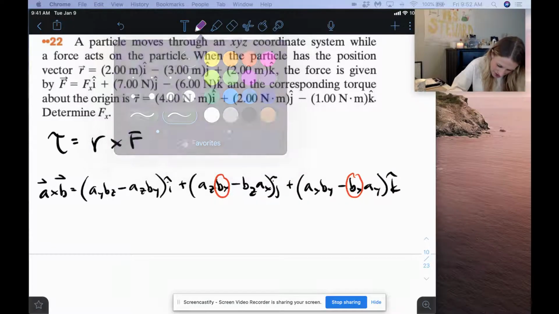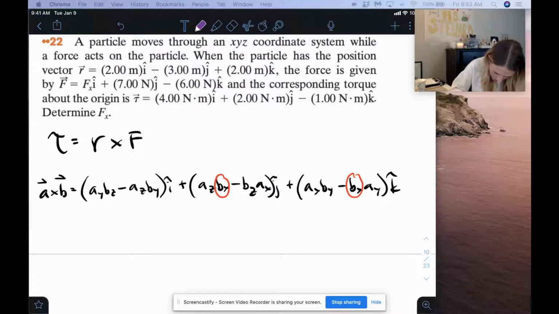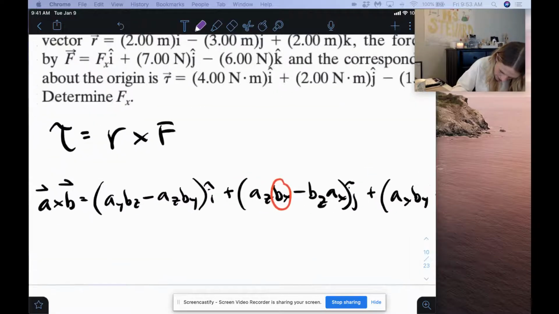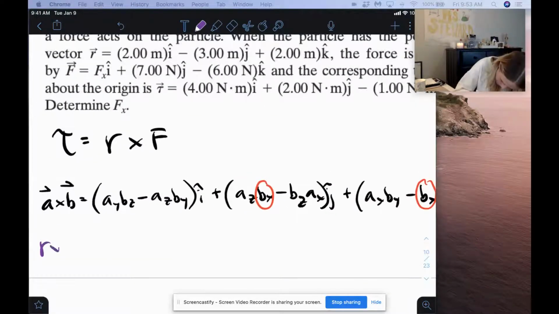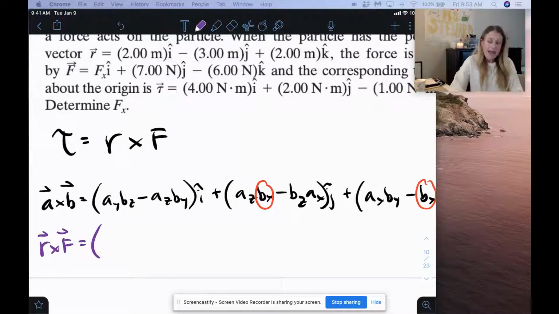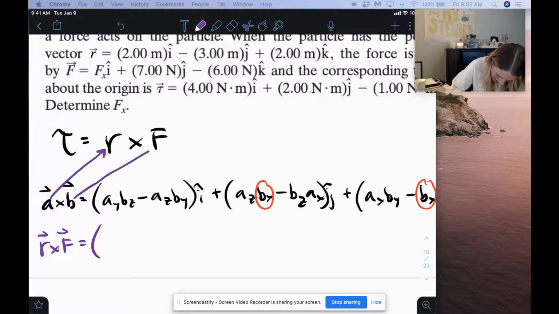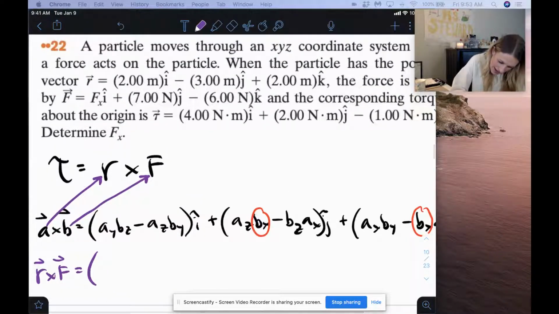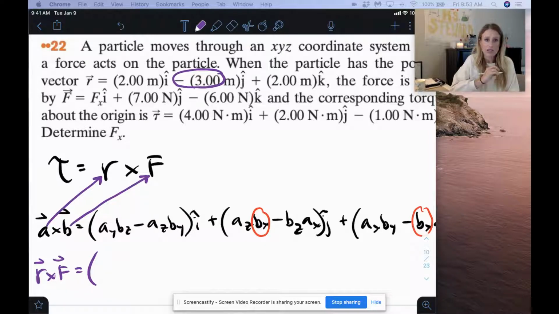So what we get here, let's do this in a different color. We get R cross F equals AY, which remember A is our R vector. So A and R go together, B and F go together. So AY will be RY, which is a -3, okay, because the J hat, of course, is our Y direction.